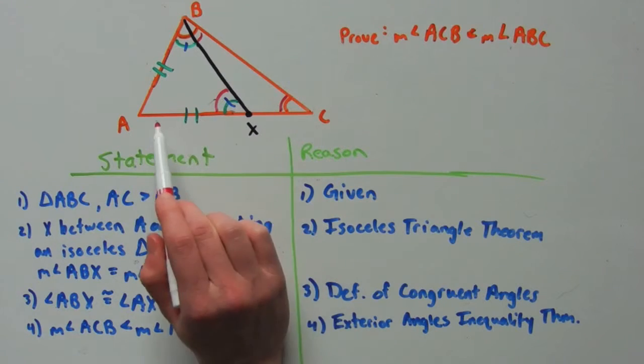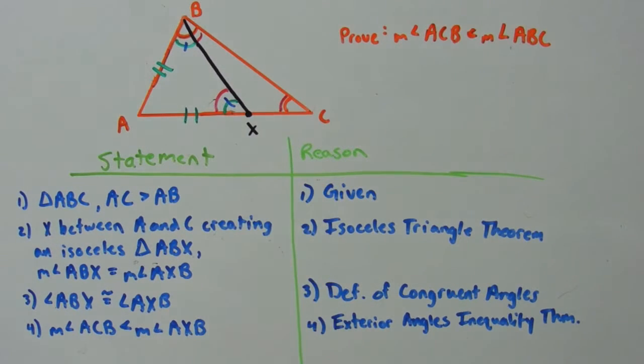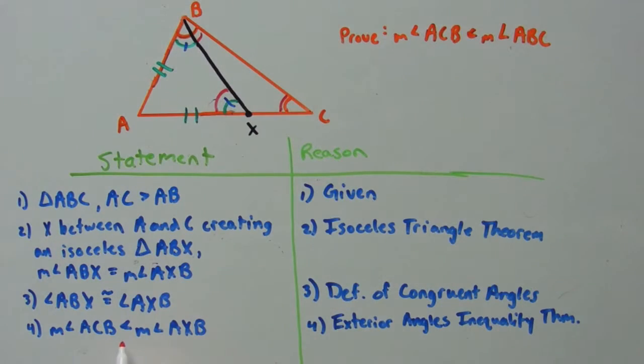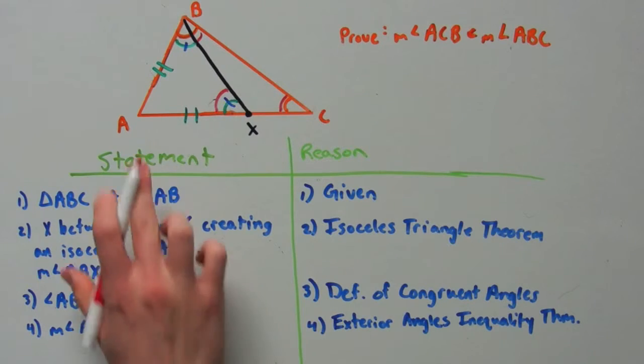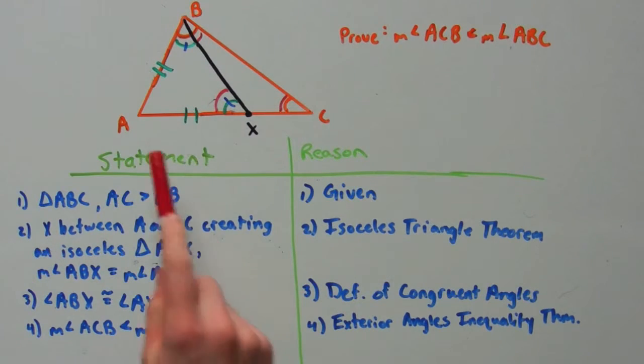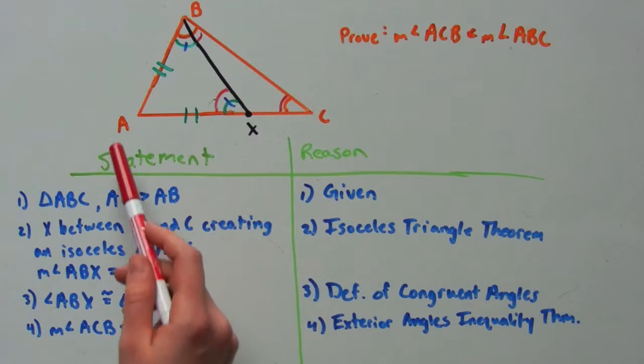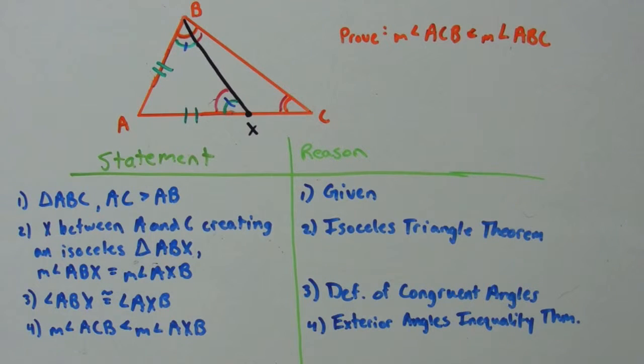And this angle ACB is a remote interior angle. Therefore, I can say that the measure of angle ACB is less than the measure of angle AXB, since AXB is an exterior angle and ACB is the remote interior angle that corresponds to that exterior angle.